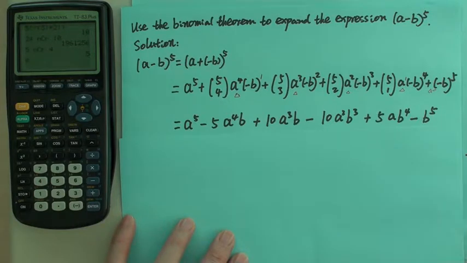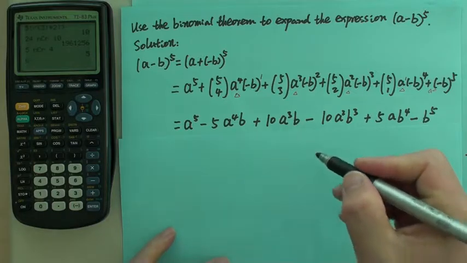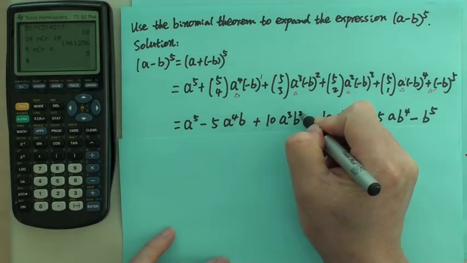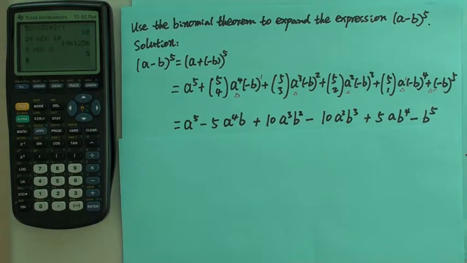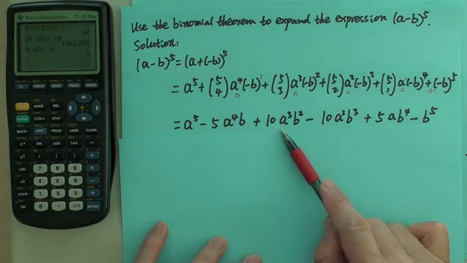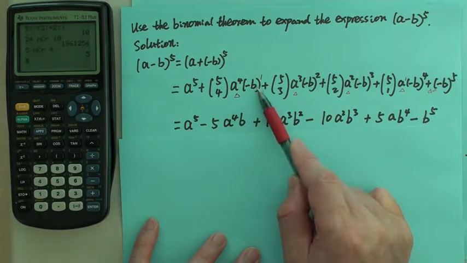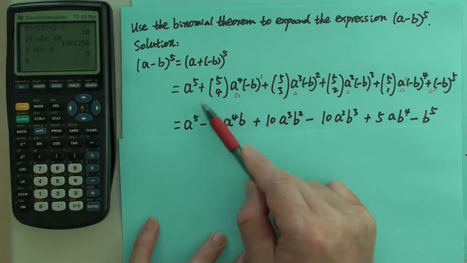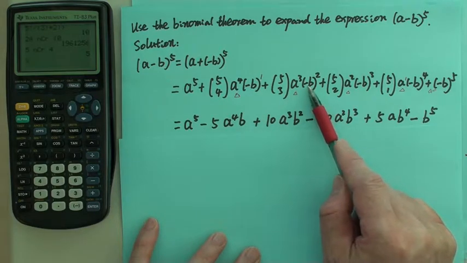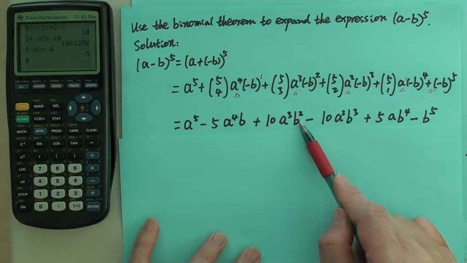And down here you want to write a squared. That's important because this one corresponds to that. Okay? Yeah, a to the 4th and b to the 1st, negative goes to the front. Okay, negative b squared is that.